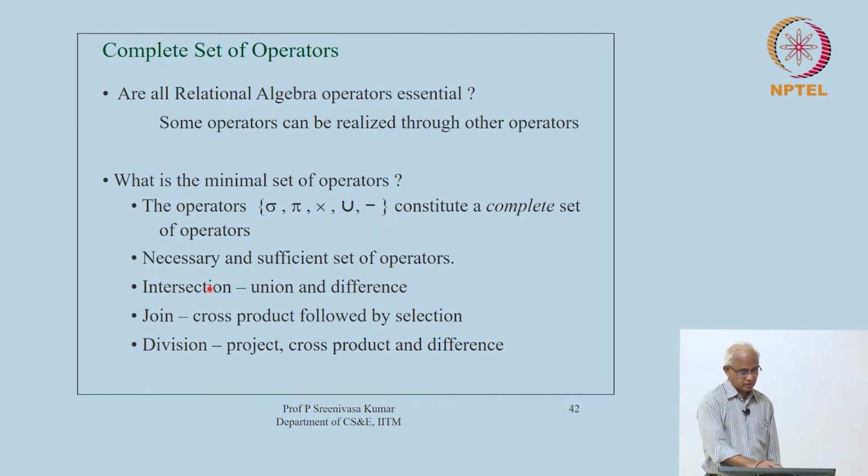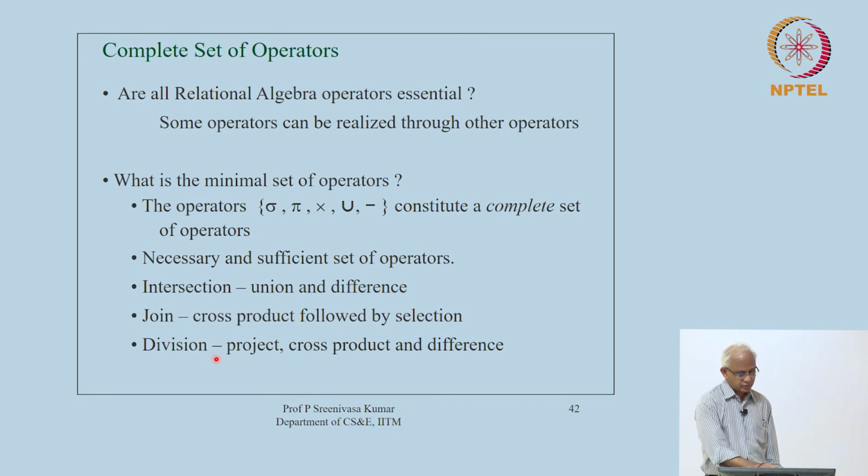The intersection can be realized through union and difference. Work it out as an exercise how you can realize intersection using union and difference. The join, as I already mentioned, can be done by cross product followed by selection.